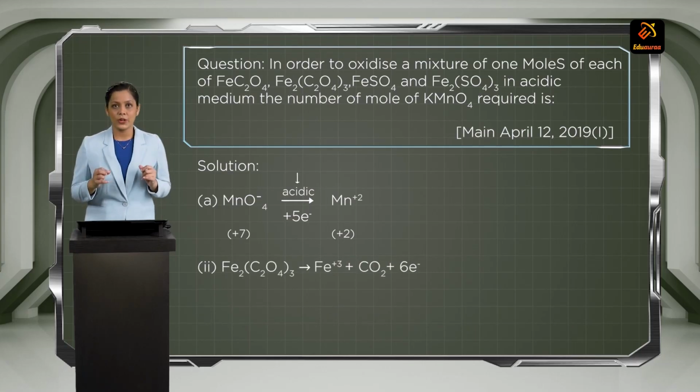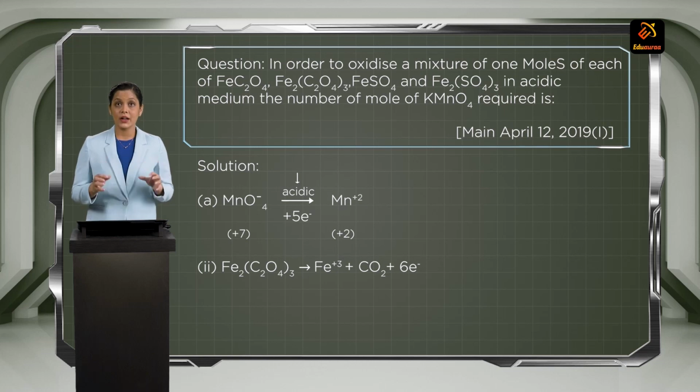The next compound, which is ferric oxalate, wherein iron is in +3 and carbon is also in +3. Students, iron here does not get oxidized anymore, but carbon gets oxidized from +3 to +4.